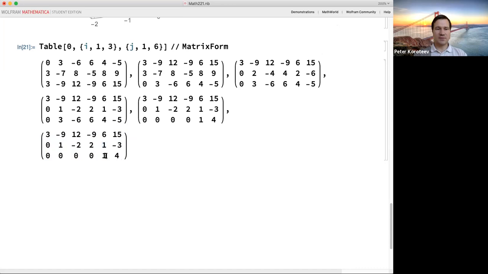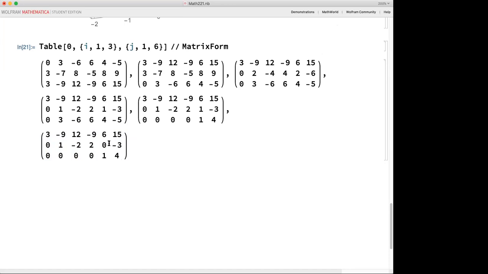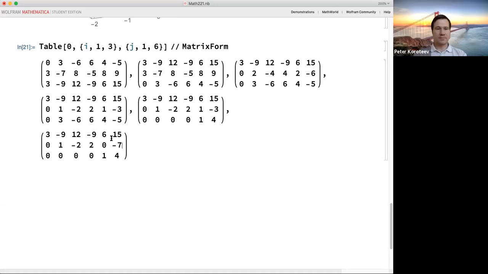So let's multiply the third row by -1 and then add it to the second row. We get 0, and here we get -7. Now we need to kill the 6, so instead of 6 we'll put 0.